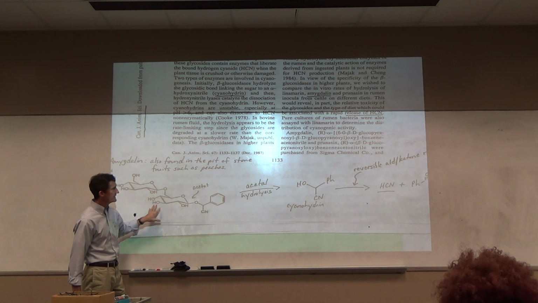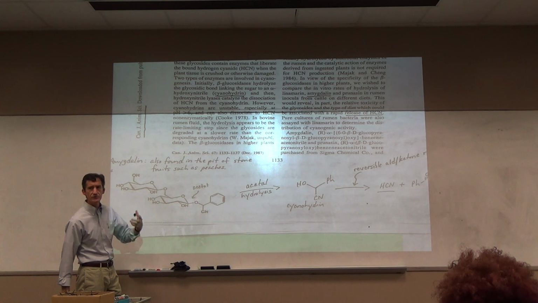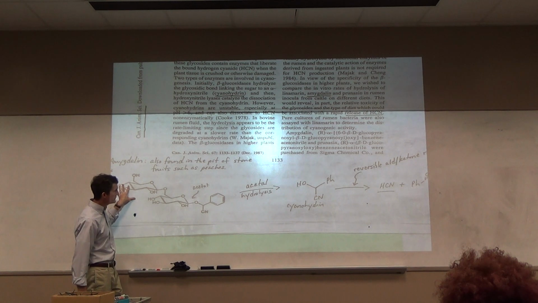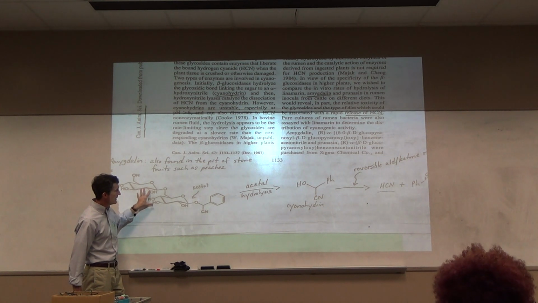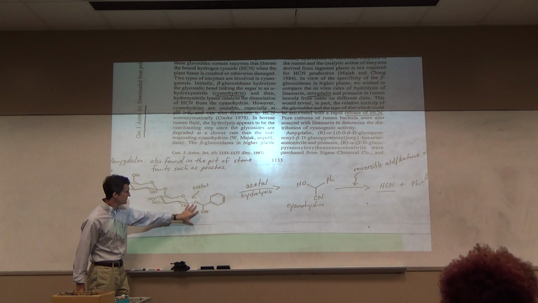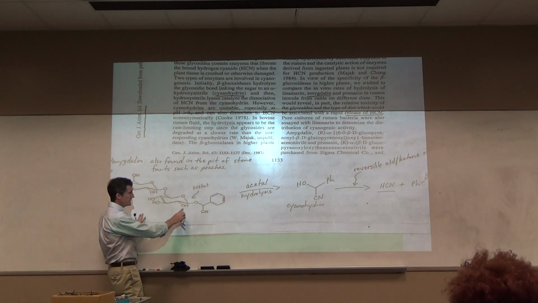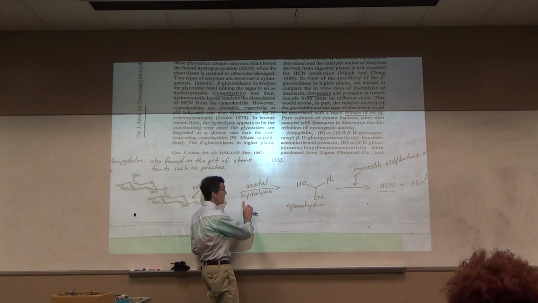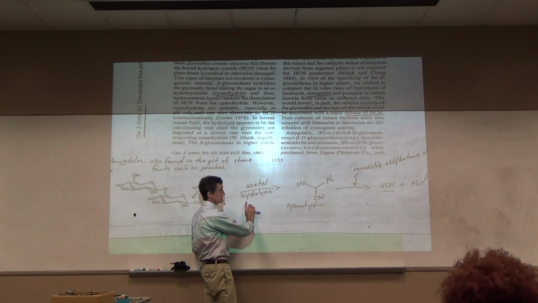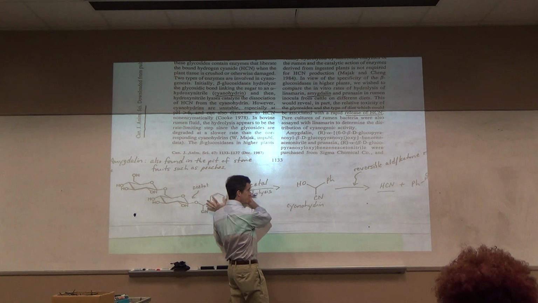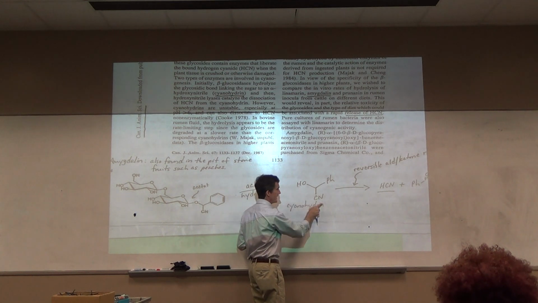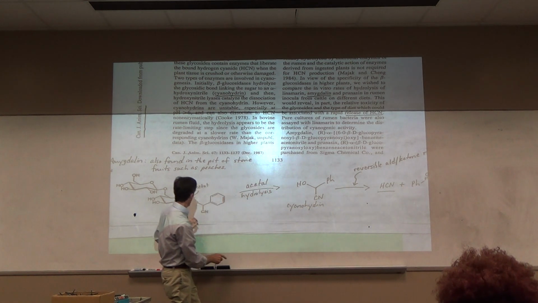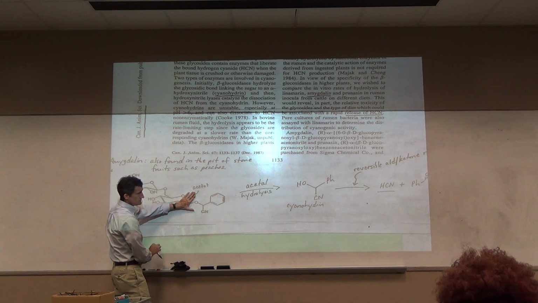Cyanogenic glycoside. Glycoside is a general term for carbohydrates. Here's the carbohydrate, and it has a cyanide here, cyanogenic glycoside. It's in the form of an acetal. We'll see acetals in just a minute. Acetals can be hydrolyzed. That's the reverse. But when this chemistry takes place, it produces a cyanohydrin, because that's going to be liberated.